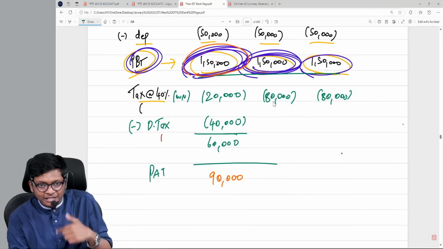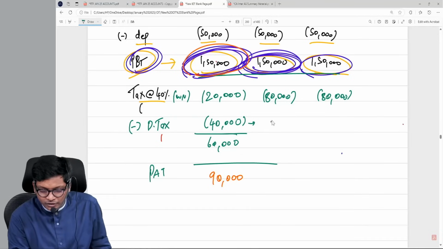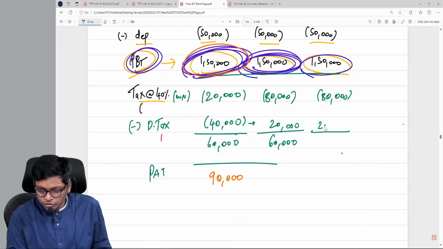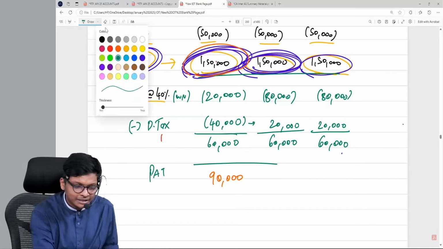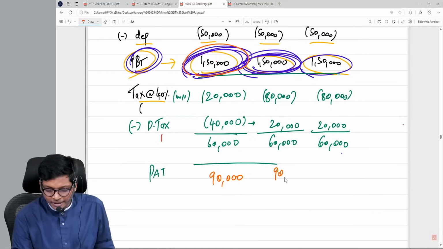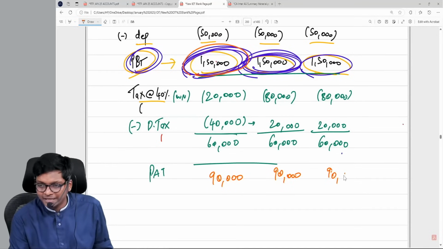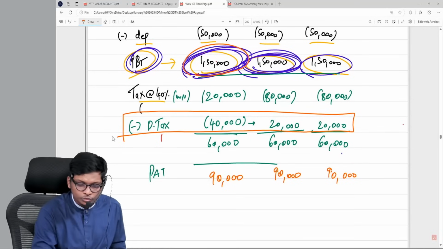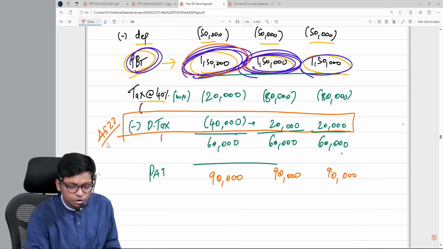Because I actually paid 80, I will reverse 20,000 in this 40,000. So effectively I am paying only 60, and third year also I will reverse 20,000. So effectively I will pay only 60. That means all the years my profit after tax will be shown at 90,000. This is the adjustment that I am going to do as per AS 22.